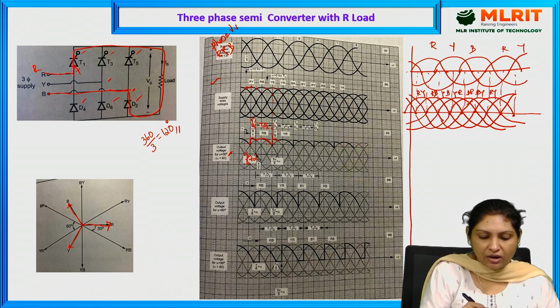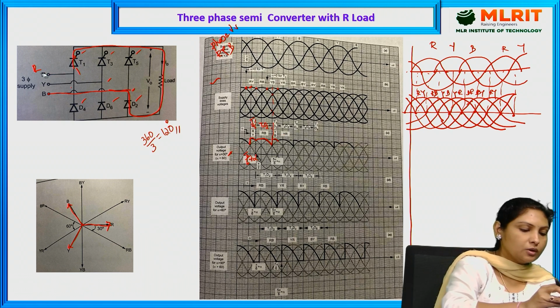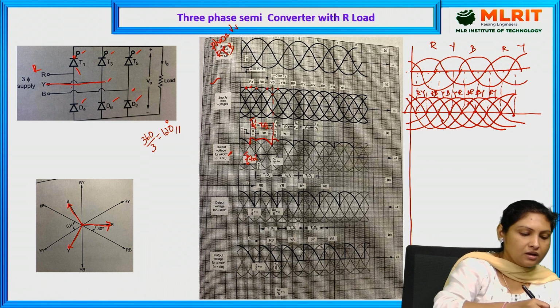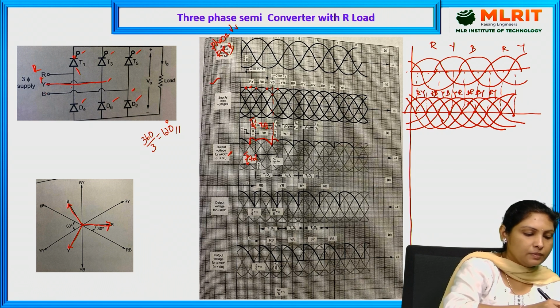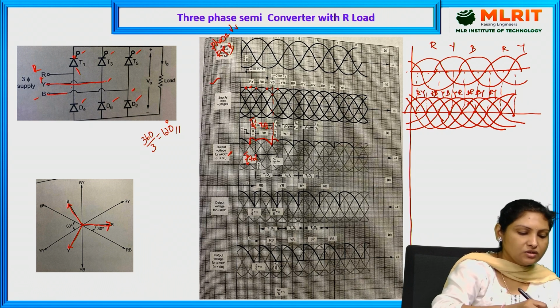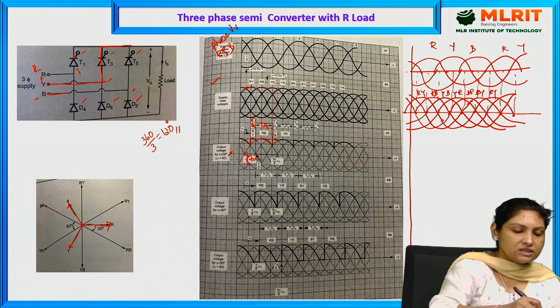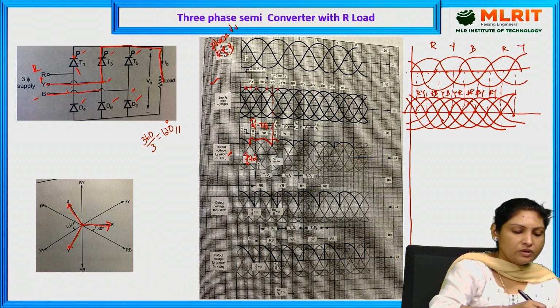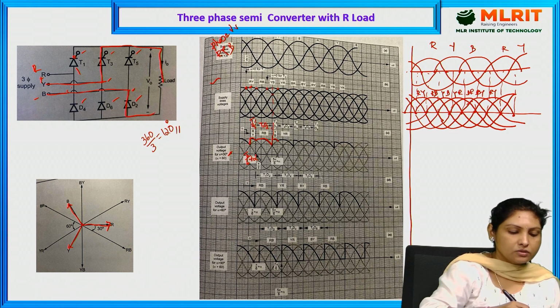So far the YB phase appeared, and because of YB, Y is positive and B is negative, because of which T3 is forward biased now by the Y phase, and because of the B phase D2 is forward biased.